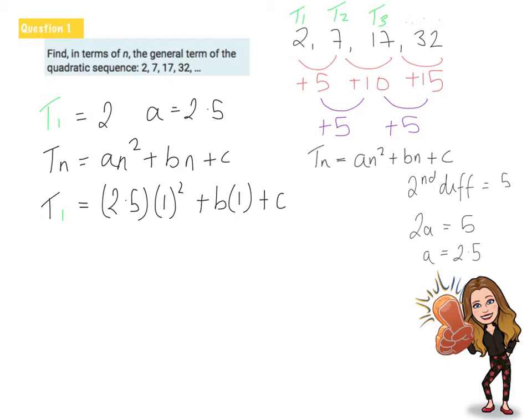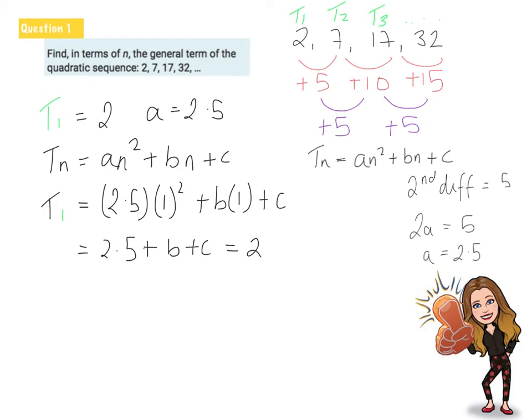Now when we solve that, we're left with 2.5 plus 1b, or just b, plus c. We know that the first term is 2, so this is equal to 2, and I'm getting that from up here, t of 1 is 2.